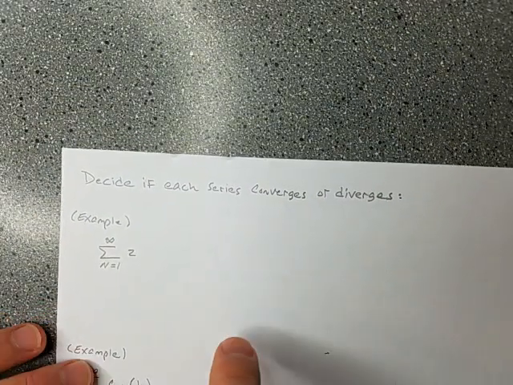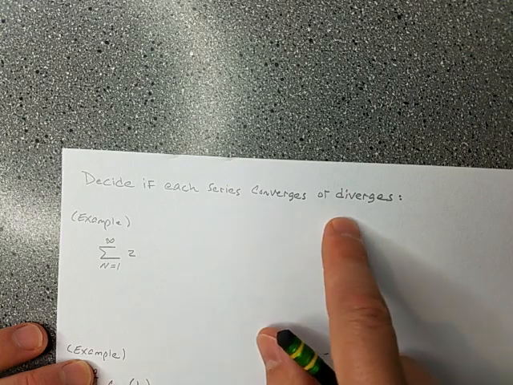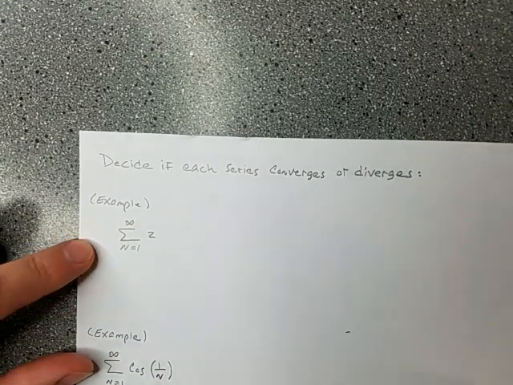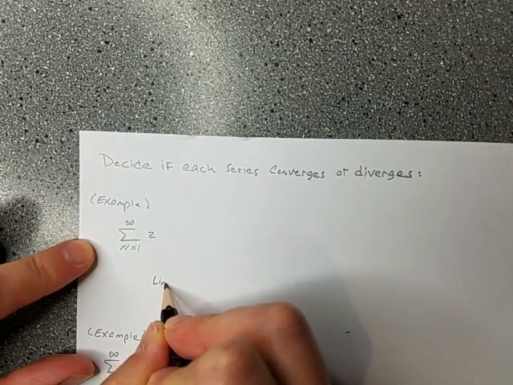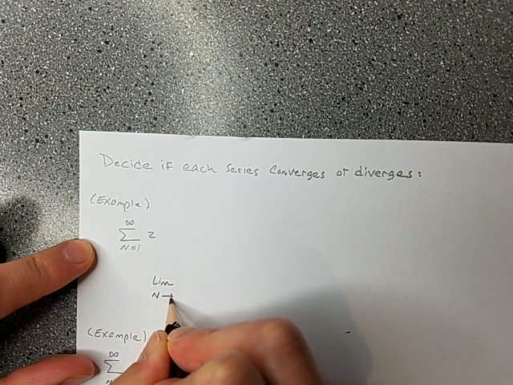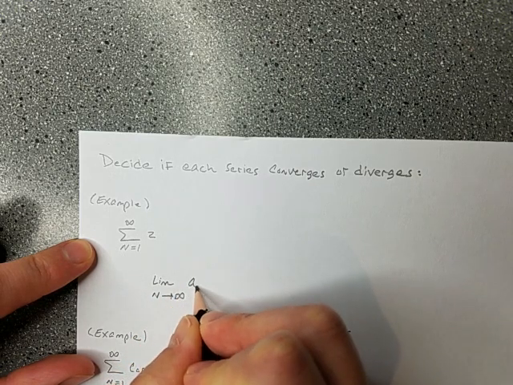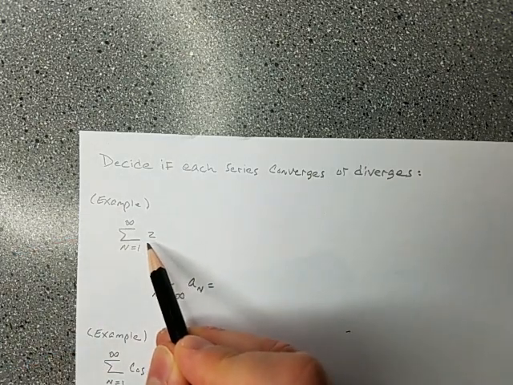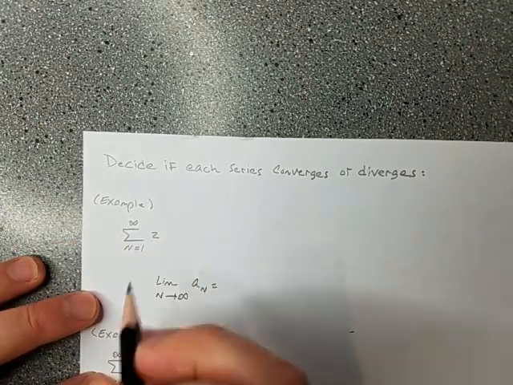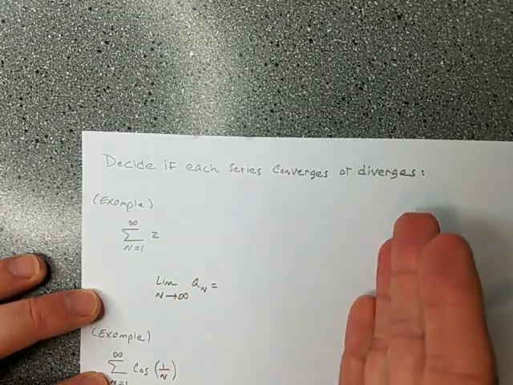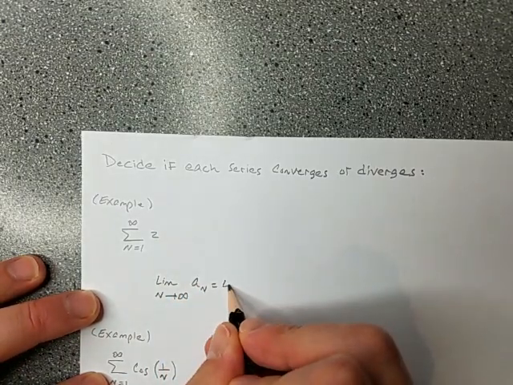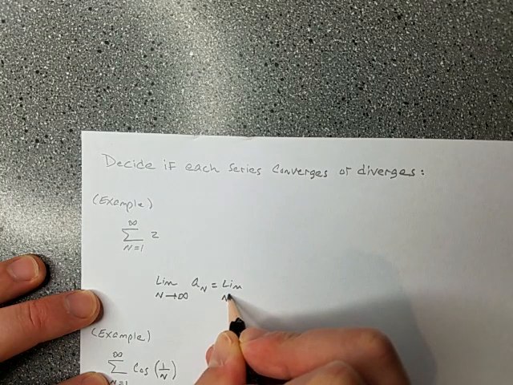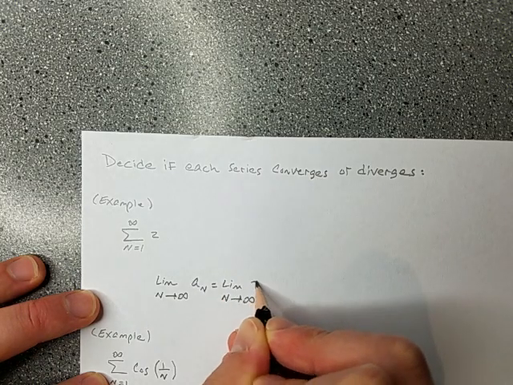I have a series of questions that says decide if each series converges or diverges. Look at this one. What is the limit as n goes to infinity of a sub n? Well, a sub n is actually a constant this time. It's 2. This series is 2 plus 2 plus 2 plus 2, 2's forever. So what's the limit as n goes to infinity of 2?